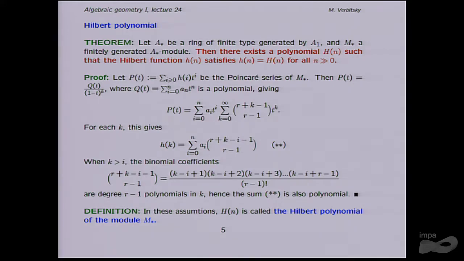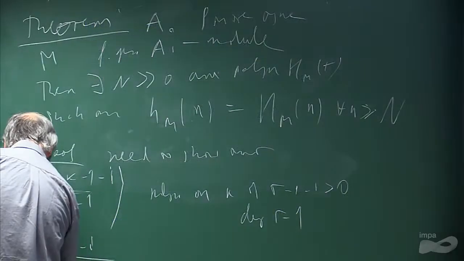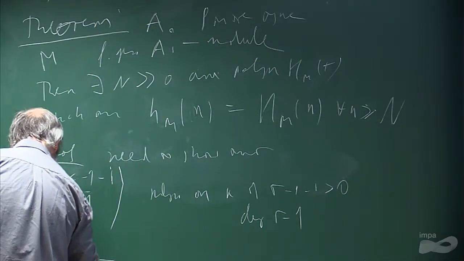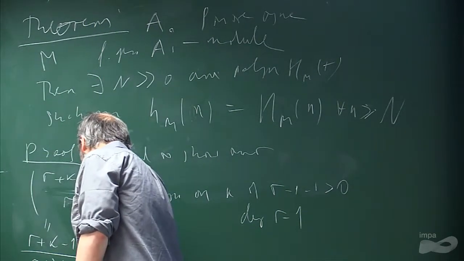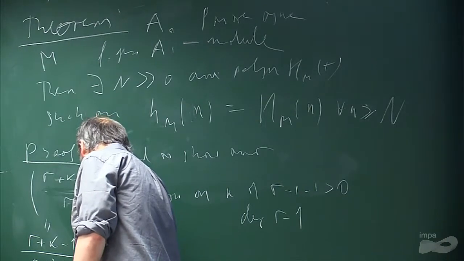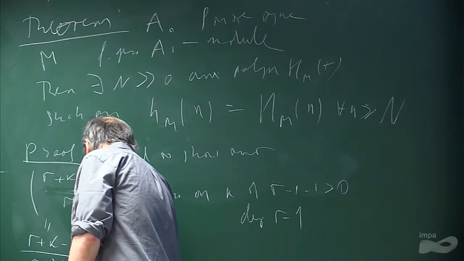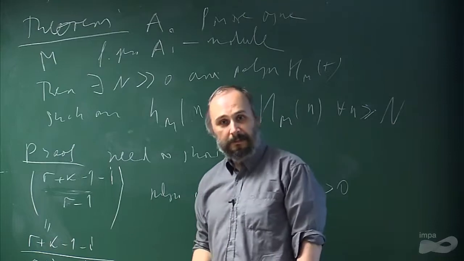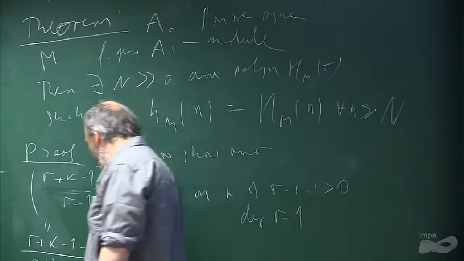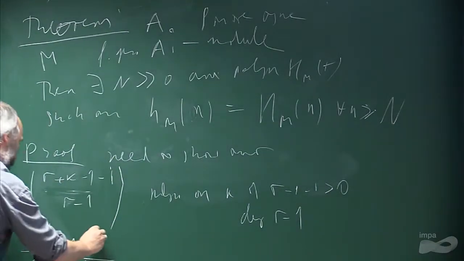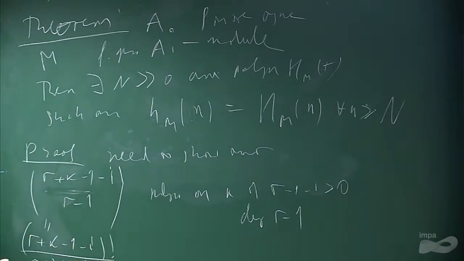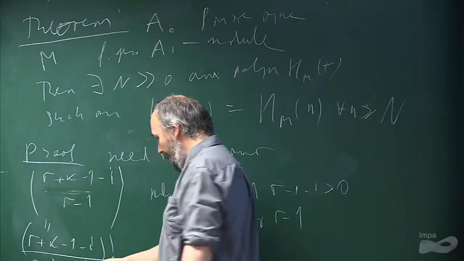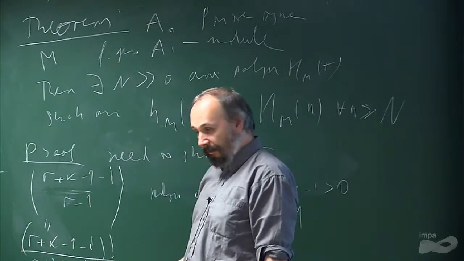So this is equal, obviously, to (r + k - 1 - i) divided by (r - 1) factorial times (k - i) factorial, right? Okay. Now we cancel the first k minus 1 minus i terms.